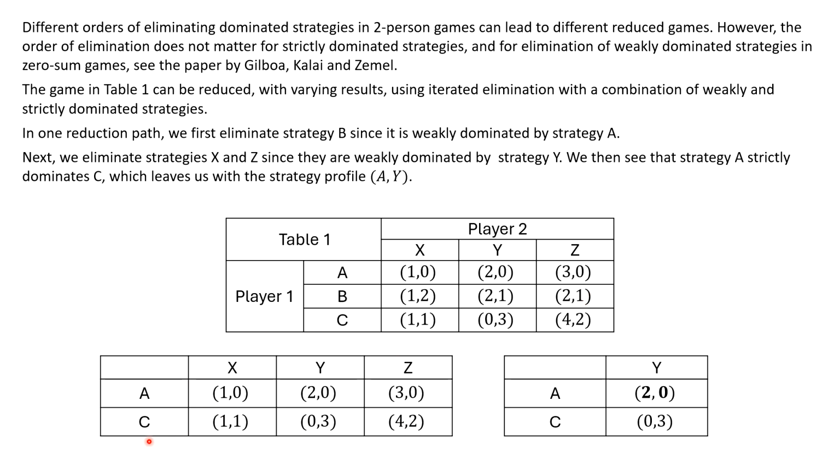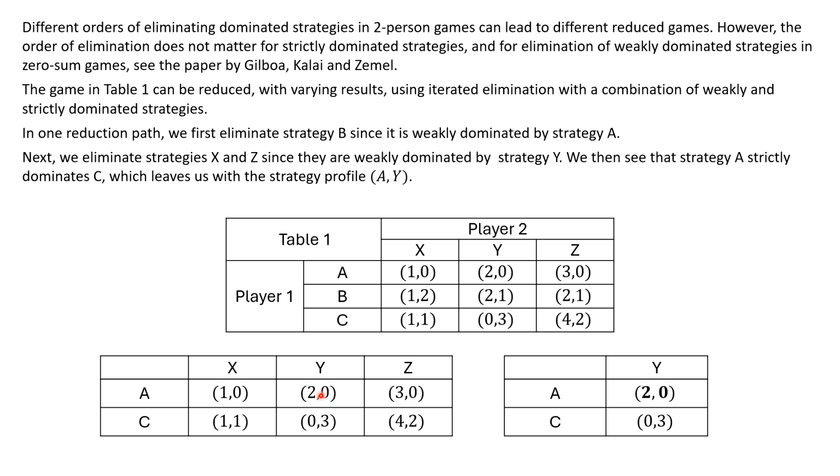That gets us down to this row here. Next, we eliminate X and Z since they are weakly dominated by Y. You notice, again, when you're working with columns, you have to look at the second parameter here in the tuple. So 0 is equal to the other two, and then 3 is bigger than 1, greater than 2.